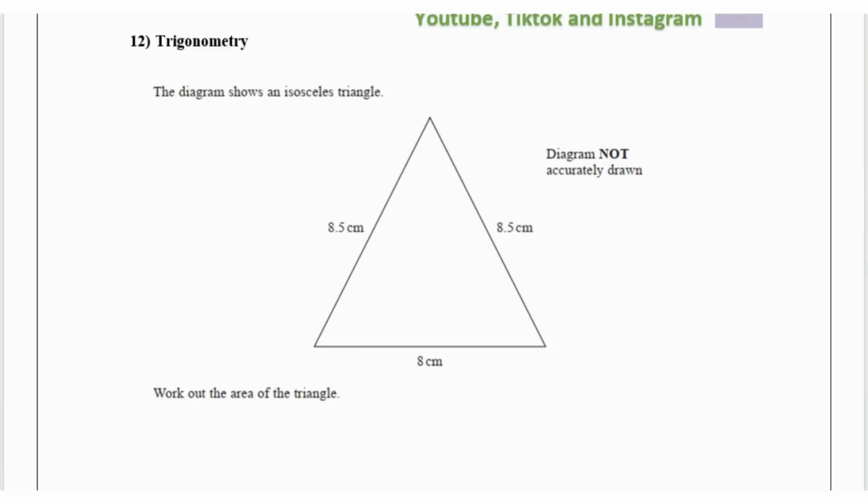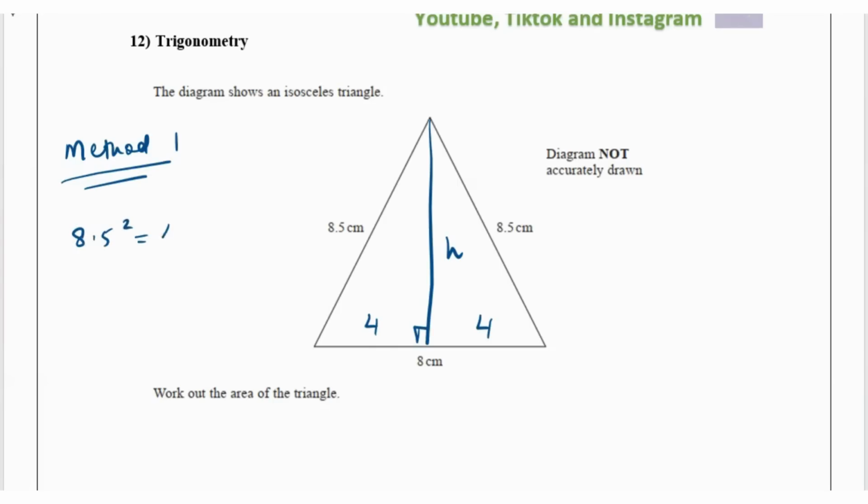So for method 1, what we do is we split it into 2 equal triangles. So this becomes 4 and this becomes 4. It's a right angle triangle now, so we're going to find the height using Pythagoras. So 8.5 squared equals 4 squared plus h squared.